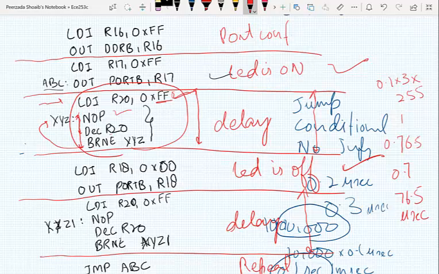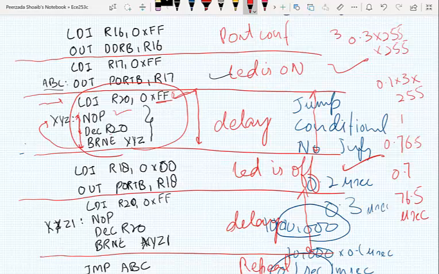Of course, we can increase this time delay by maybe writing a few more instructions inside it, or the better way is to use nested loops, a loop within a loop. So if we have 3 instructions that take 0.3 microseconds to execute, and they are inside 2 loops, the total time delay will be 0.3 microseconds multiplied by 255 multiplied by 255.